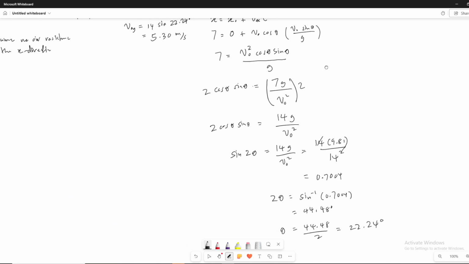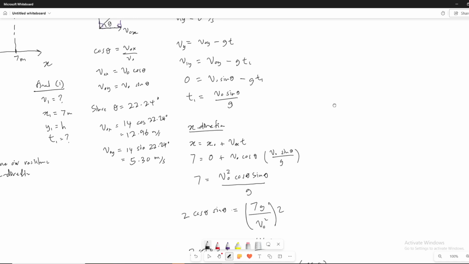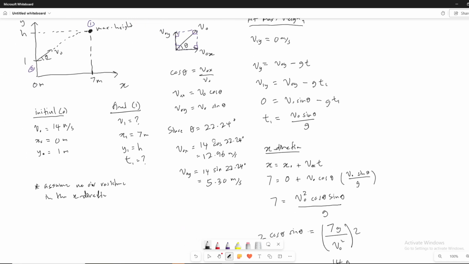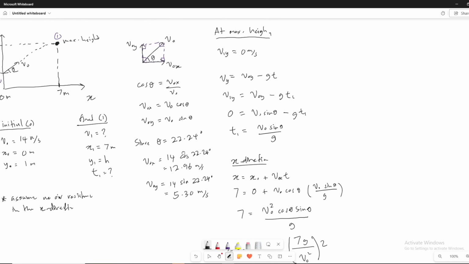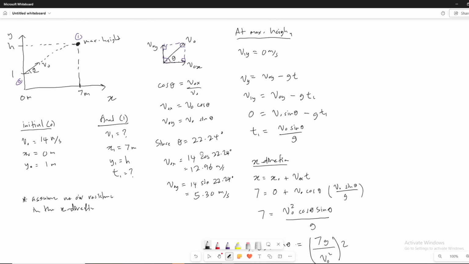Back to the question. We already know what t1 is, and we can find t1.